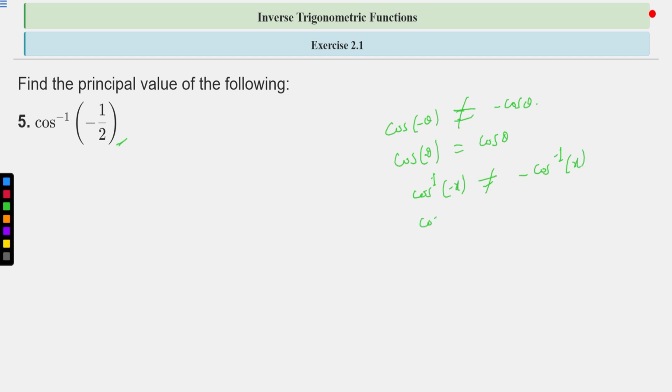Clear? Cos inverse minus x will be equal to pi minus cos inverse x, right?